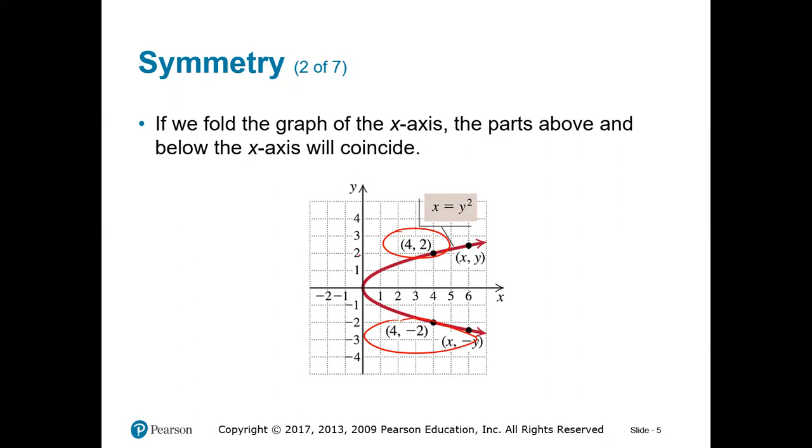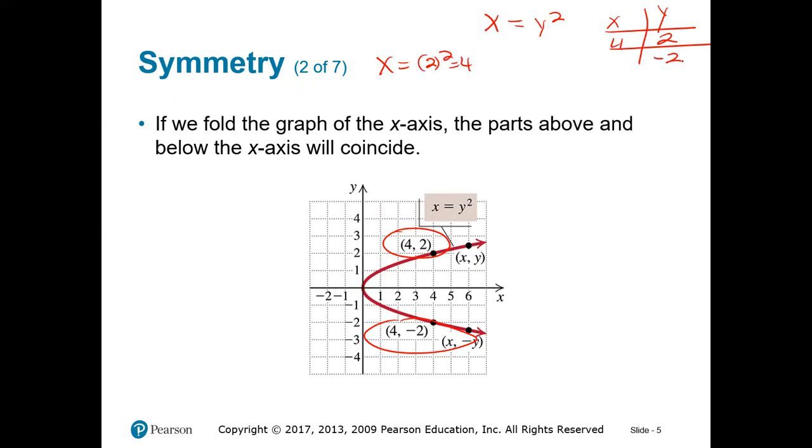Some of you are probably confused as to how they get the rest of the graph. So what we could do is take this x equals y squared and create an x and y table. If we let y be 2, we square it and we get 4 for x.